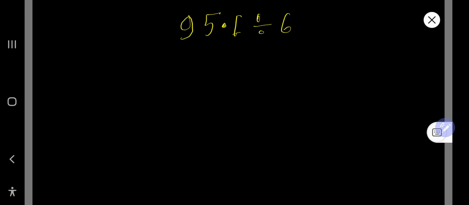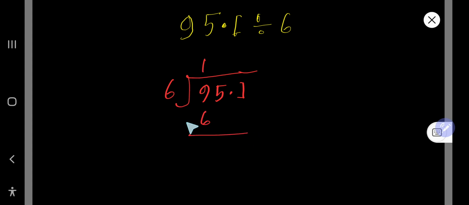So let us consider the last example, this. Okay, divide this 95.1. So look, 6 goes into 9 how many times? 1 time. 1 times 6, 6. If you subtract, then you are getting 3.